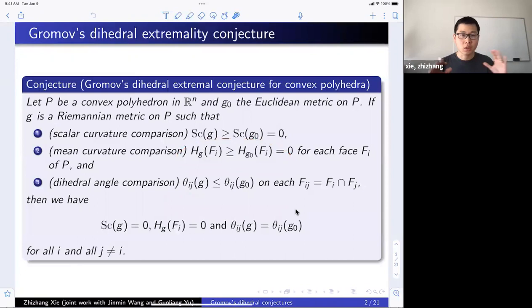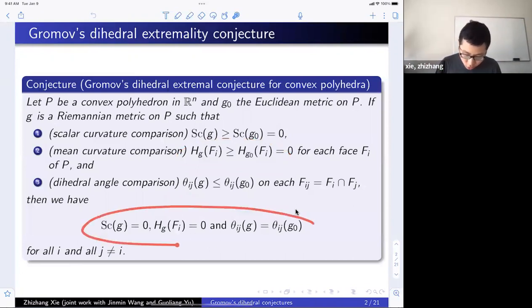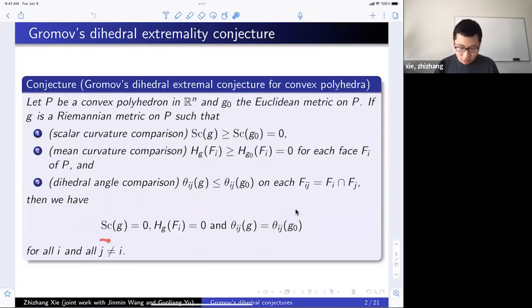Now, with this setup, the conclusion is that everything has to be the same, actually. The scalar curvature has to be the same as the original one. The mean curvature has to be the same as the original metric. And then the dihedral angles everywhere. By the way, for the new metric, the dihedral angle is actually a function. Even when two faces meet, the dihedral angle can vary.